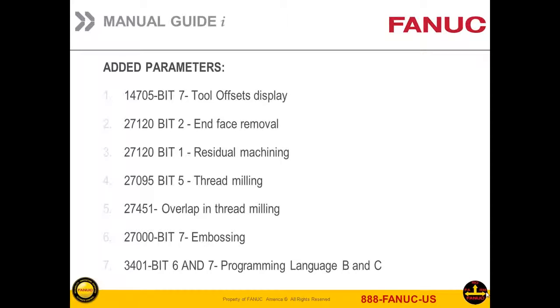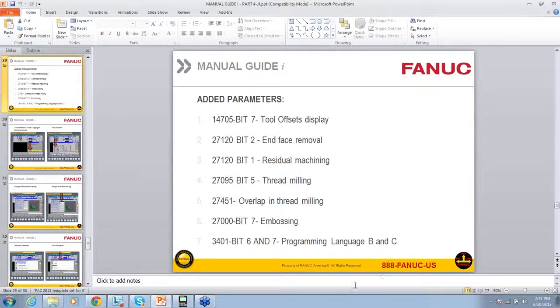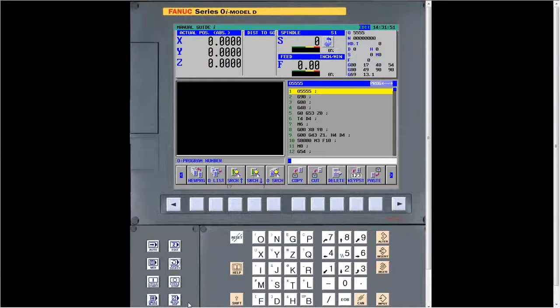So there's like 7 of them here that I want to go over to make sure that you understand that if you go turn these on, it will make things much easier for you when you do your programming on Manual Guide i.